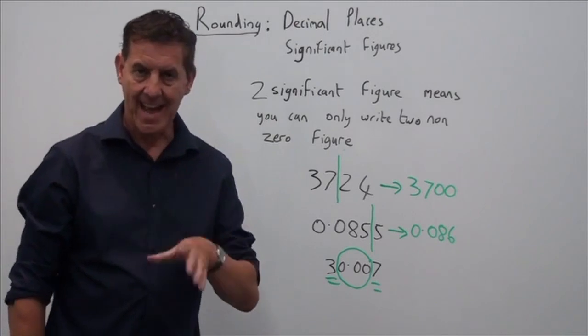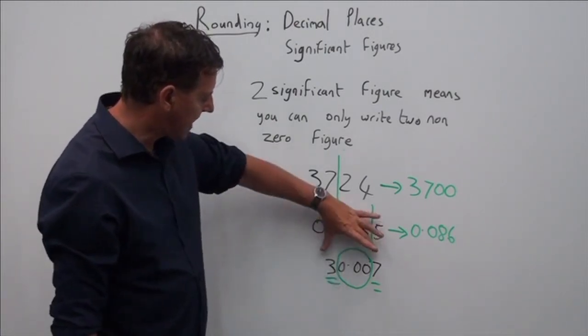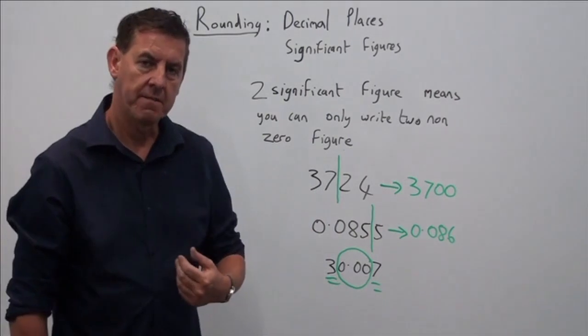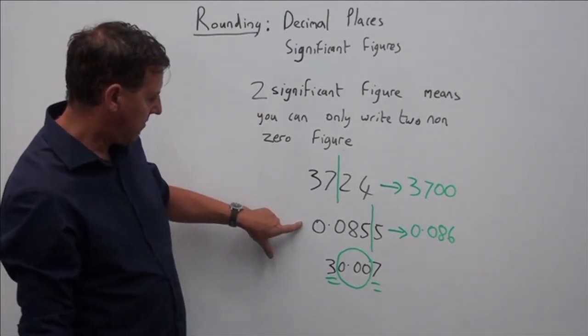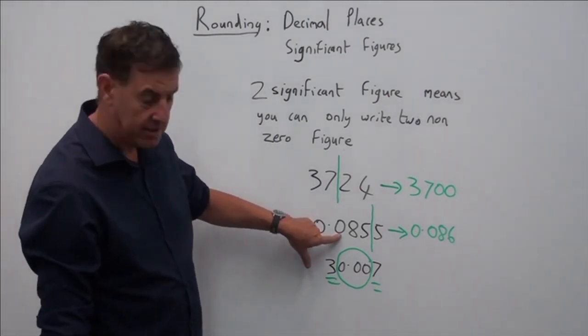So there is a slight catch that you need to be very, very wary of. If the zeros are sandwiched between 2 non-zero numbers, they become significant numbers. So if I just dropped a digit in there, all of a sudden, those zeros would have become significant.